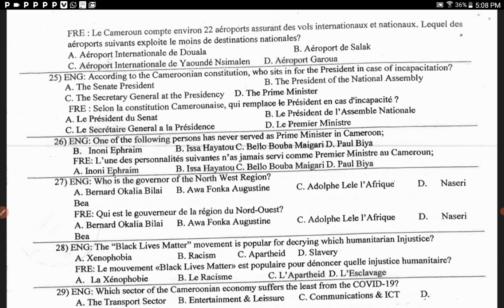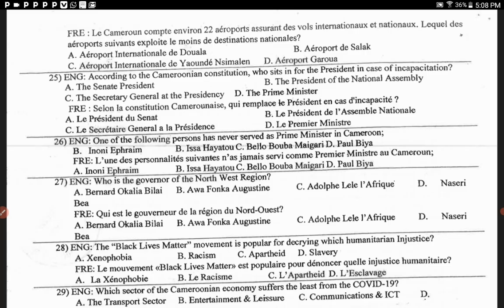Okay, question 25. So gradually we are almost getting to the end of this paper. According to the Cameroonian constitution, who sits in for the president in case of incapacitation? Simple as ABC.